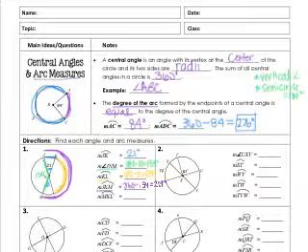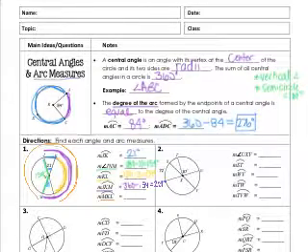So let's look at our final problem on this one. The measure of arc MKL. All right, so MKL is almost the entire circle. So I'm talking about that major arc right there.